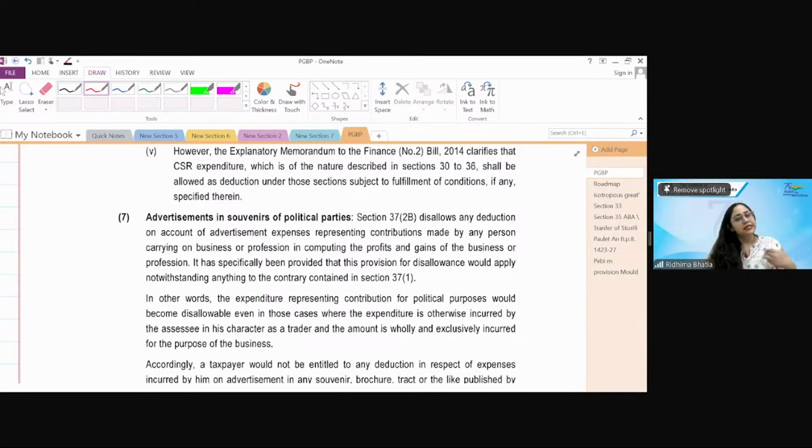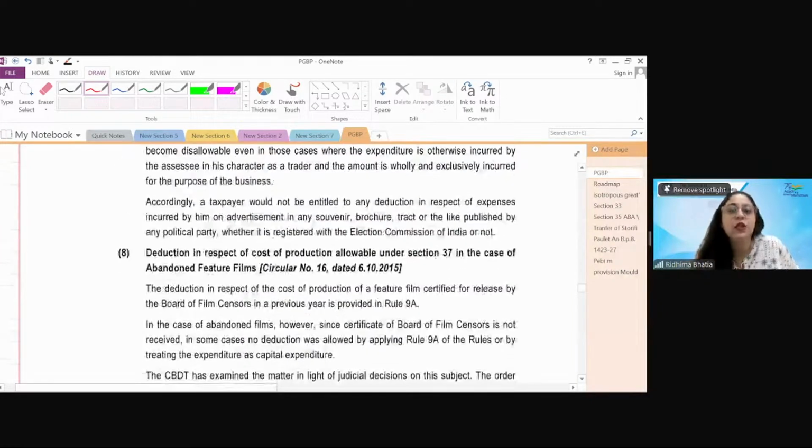You will say, why so? Advertisement is allowed as business expenditure, but advertisement in political parties' souvenirs is not allowed because it is an indirect way to make a contribution to political parties by giving them money for advertising your own business. That's why it is not allowed.